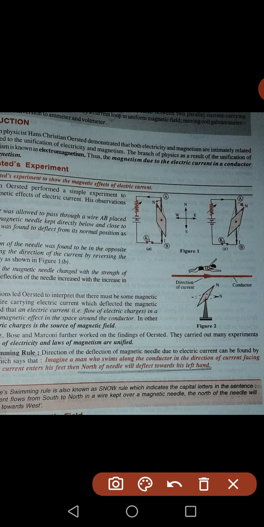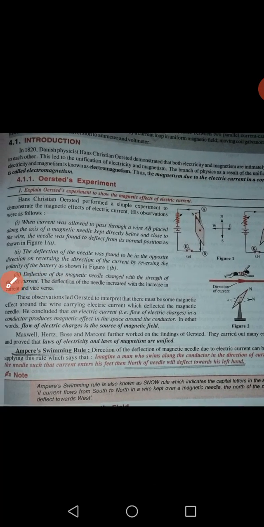See, in this case this side it was going like this, but here this side is going this way. So though the deflection is there, it is in the opposite direction. That means with the change in the direction of current, the direction of the magnetic field has also changed. These are the inferences or conclusions made by Oersted.